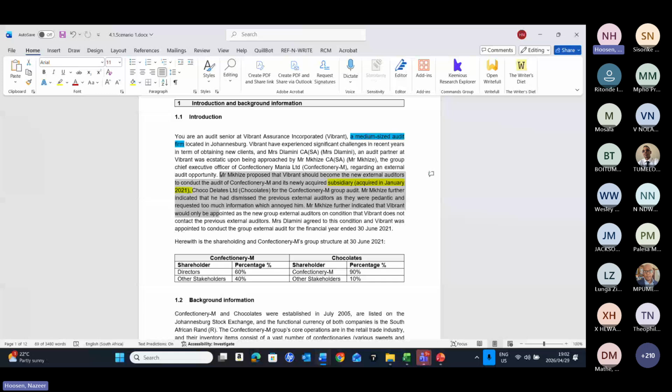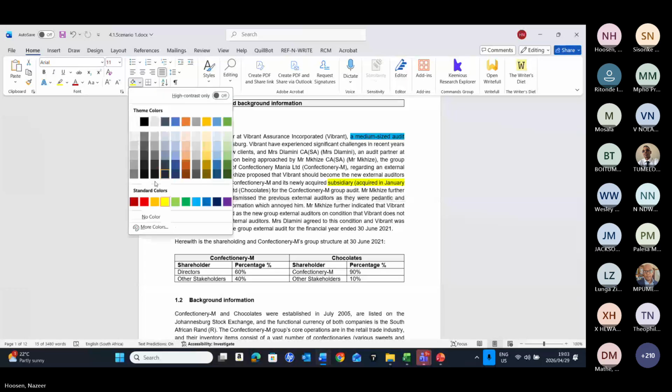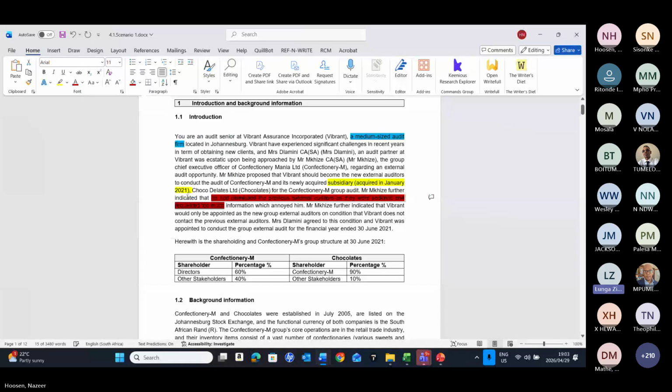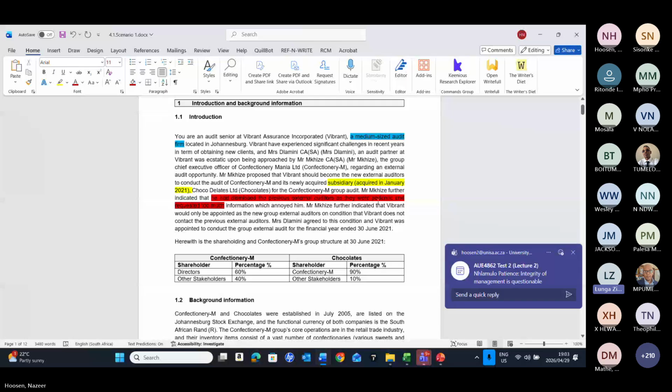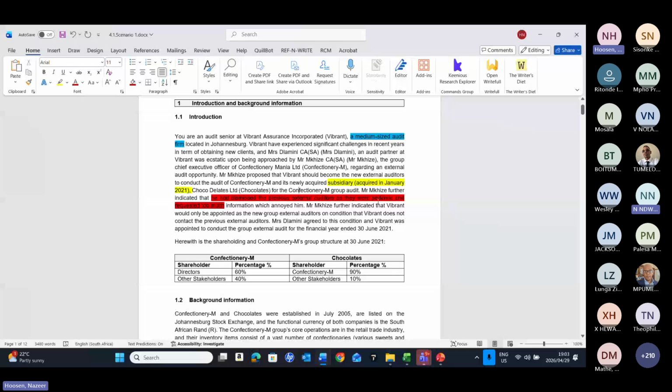If we see somebody dismiss the previous auditors, what does that information tell us about Mr. Mkhize, potentially? That could bring his integrity into question, due to an attempt to limit the scope of the auditor. Okay, that's a great answer. That's brilliant. But in layman's terms, what are we saying?